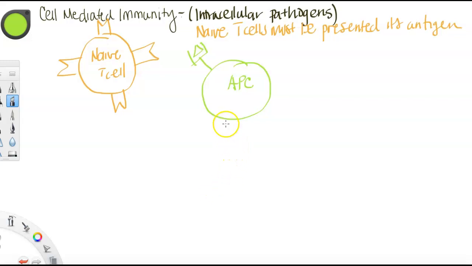So how does this occur? Well, we have two different types of cells to deal with, the helper T cells and the cytotoxic T cells.